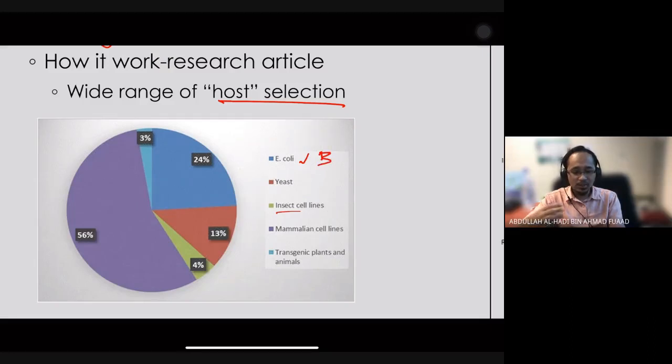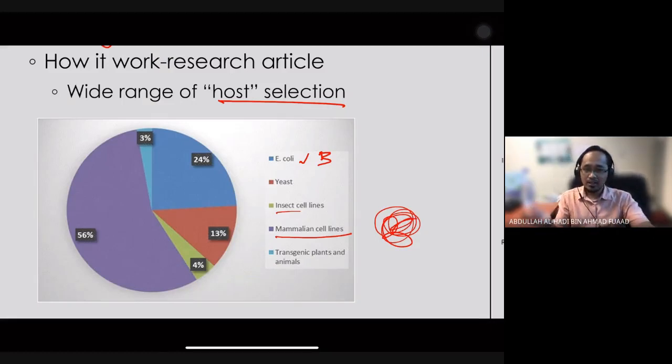The differences are, I don't want to go into much detail, but because these cells are unique to that particular organism, what we call post-translational modification is either absent or present in some cells. For example, if you were to synthesize insulin in mammalian cells, when we are talking about protein synthesis, we always talk about a pure protein synthesis, meaning that it will just be a protein.